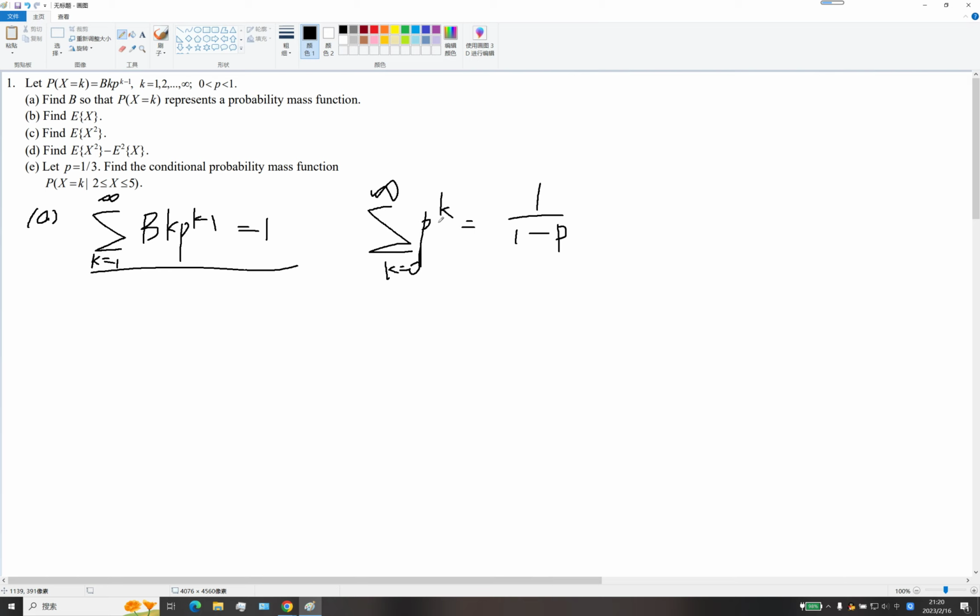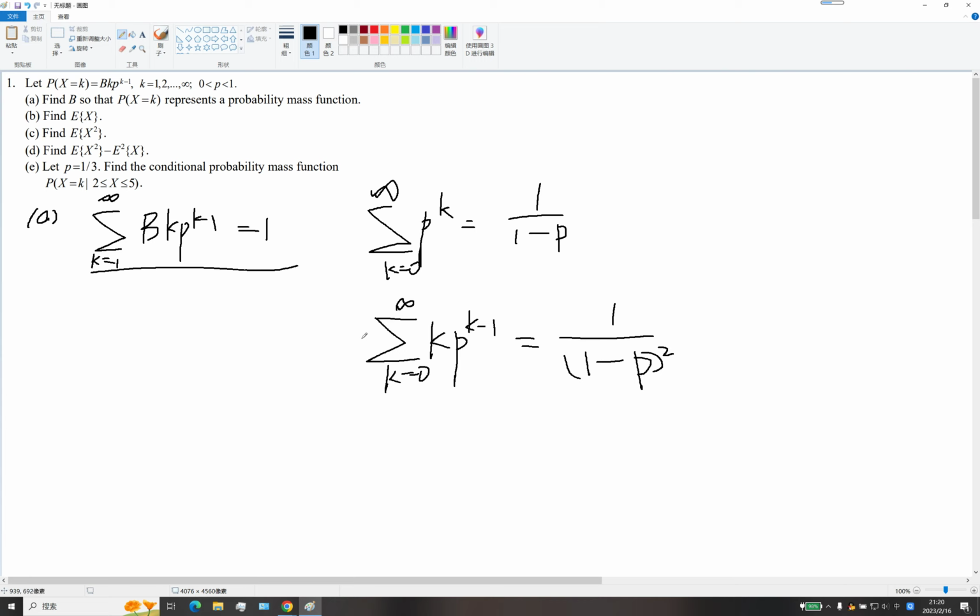So let's do differentiation of each side. So we will get this. And we know that when k equals 0, this side equals 0.